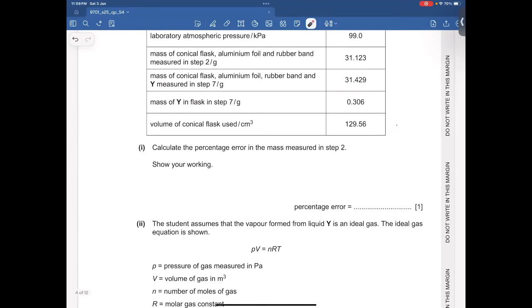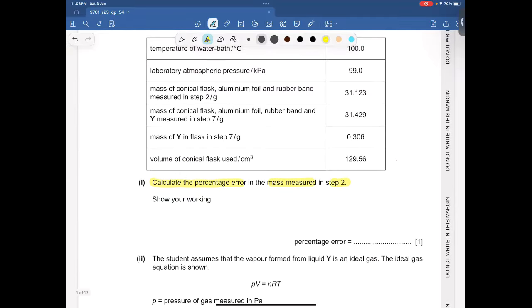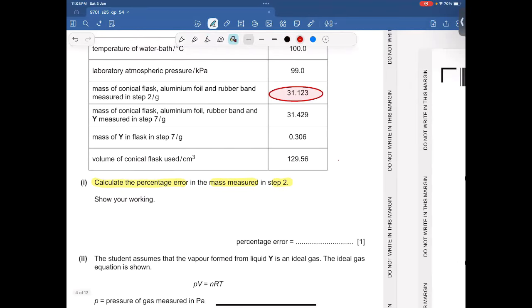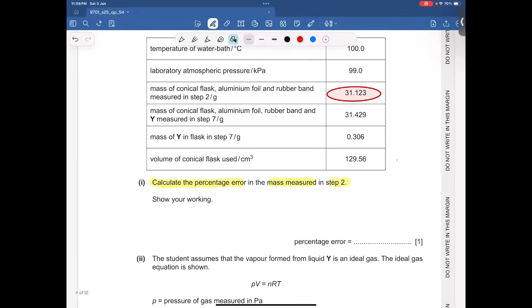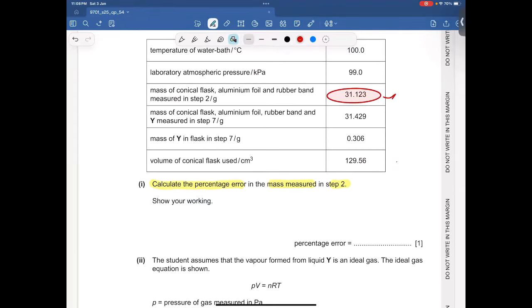Okay, calculate the percentage error in the mass measured in step 2. In step 2, the mass measured was 31.123 gram, and that indicates a 3 decimal place balance.